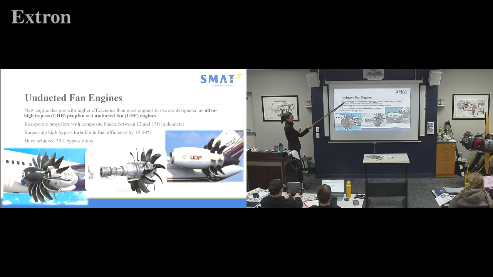They're calling them propeller blades made of composites. What they tested was 12 to 15 foot diameter on these. Massive. And the bypass was getting fuel efficiency 15 to 20% better than ducted fans. And they were getting 30 to 1 bypass ratio.